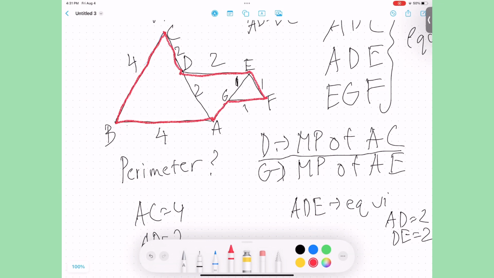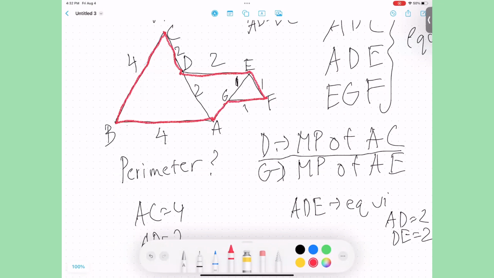So you don't count DA or EG because it's asking for the perimeter of a figure. The perimeter of a figure is basically everything on the outside, right? DA and EG, if you look at the figure carefully, are toward the inside of the figure, not toward the outside. You only count sides that are outside the figure. That's what the perimeter is.